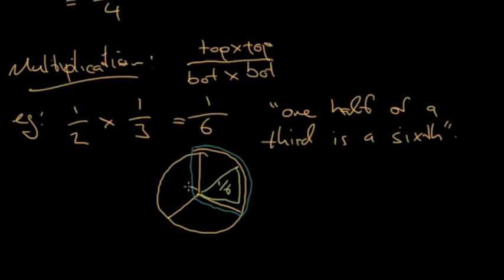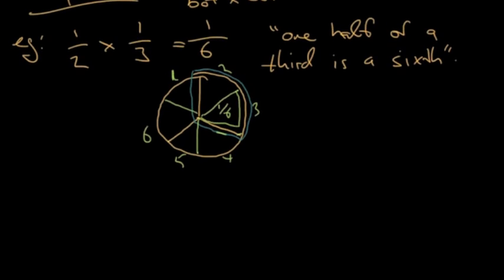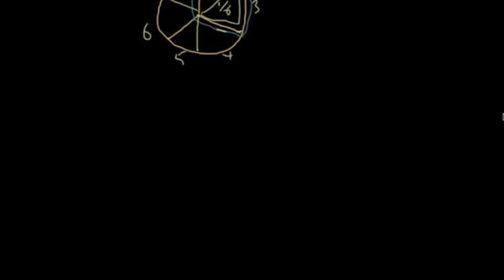And we can see that because if we cut all the thirds in half, we've got 1, 2, 3, 4, 5, 6 pieces of the pizza. Probably a weird way to cut a pizza, but we've got 1/2 of a third. So that's another way to think about multiplication of fractions. Or 1/2 lots of a third, as you would say, 2 lots of 5 is 2 times 5.